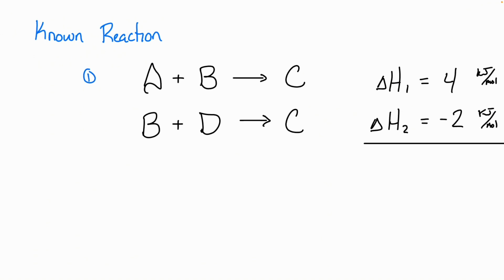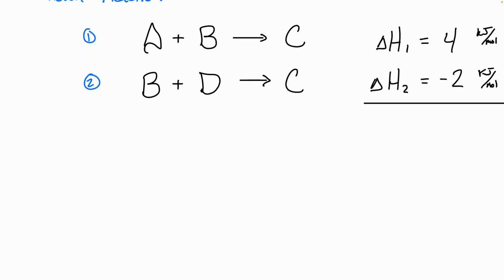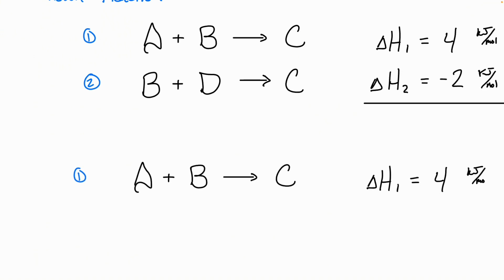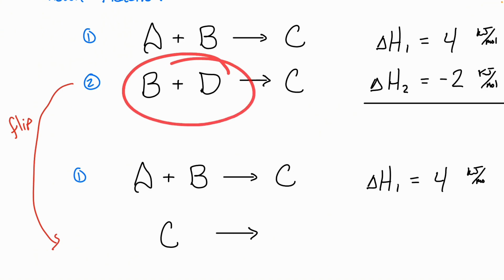We're going to call this reaction 1 and this reaction 2. We're going to leave reaction 1 alone, but now we're going to flip that second reaction. I mean I'm going to write my product of that second reaction first, and then my reactants, C, B, and D, are going to appear on the other side.